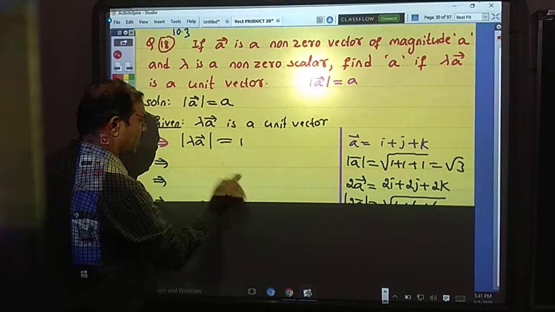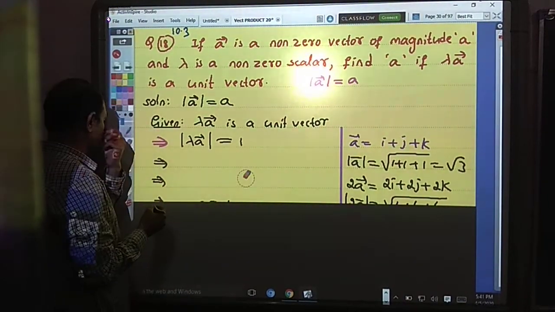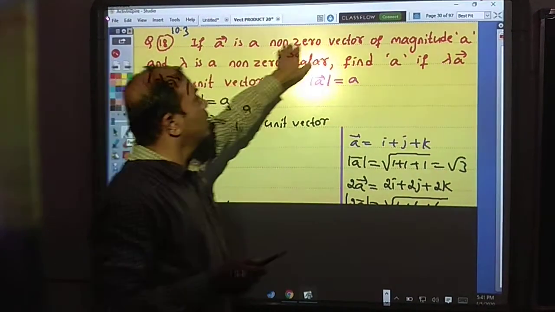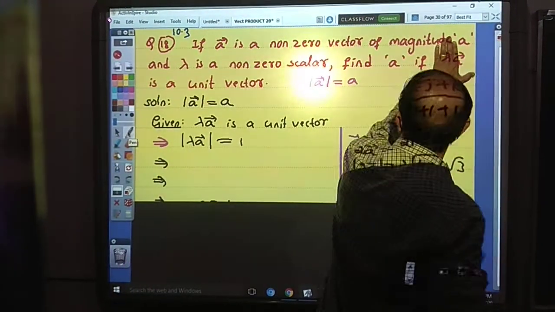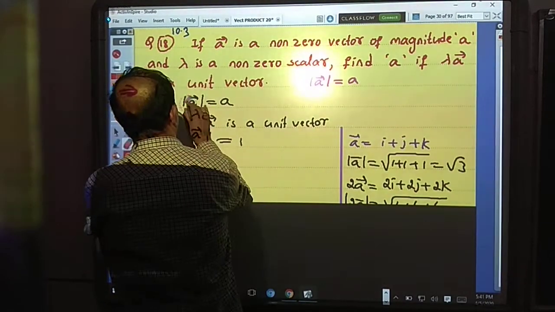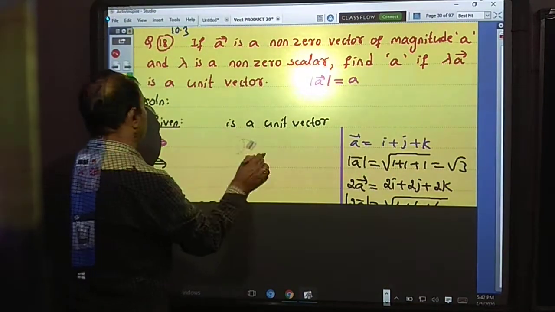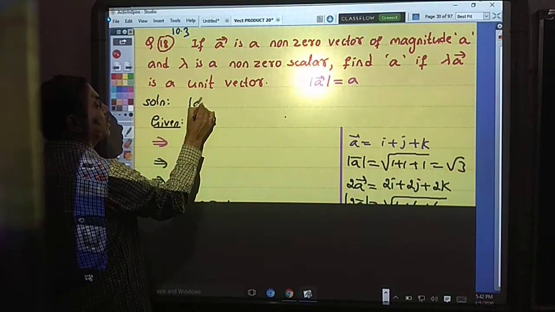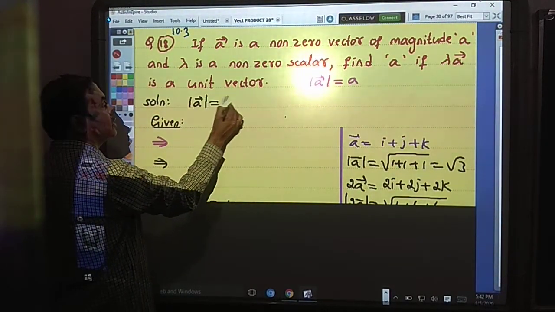See what is given and what we have to do. Here, A is a non-zero vector of magnitude a.